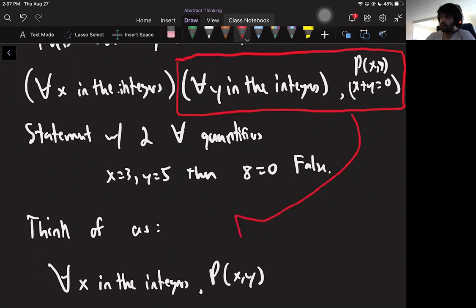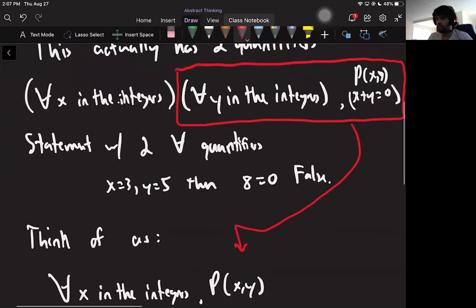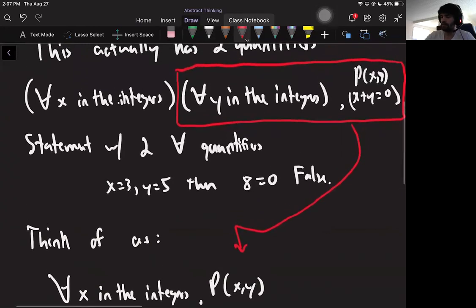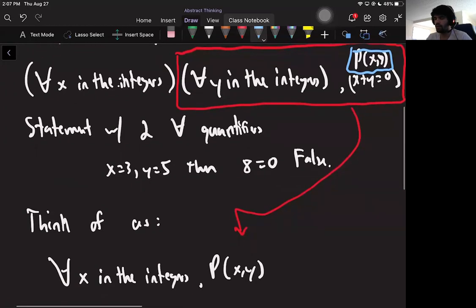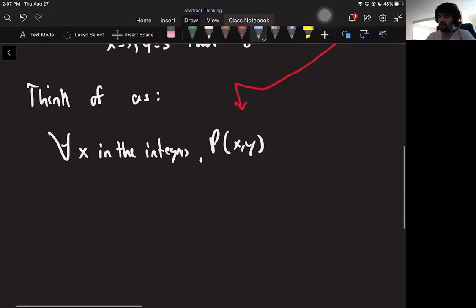So this is a legitimate way to think about this, and it is what we'll be doing later. So now p of x comma y is different. Over here, it was just the last part, that x plus y equals 0. But now the predicate is for any y in the integers, p of x comma y, which is that x plus y equals 0. Okay, so we'll say more on that later. Let's do some other types of examples for now.